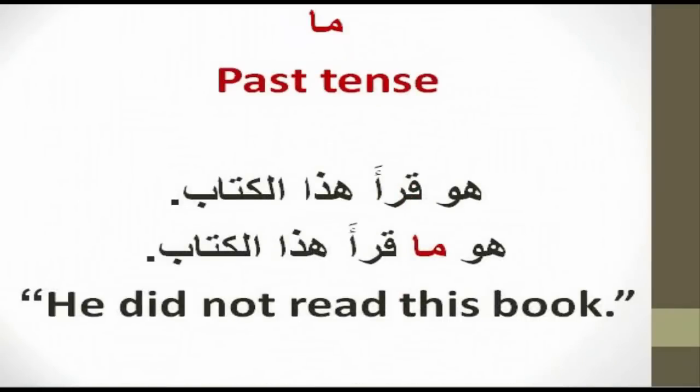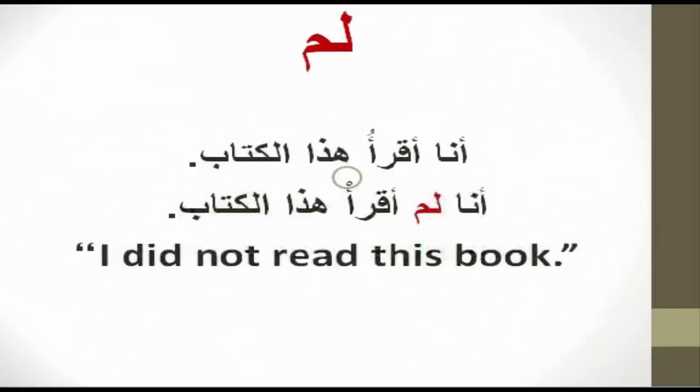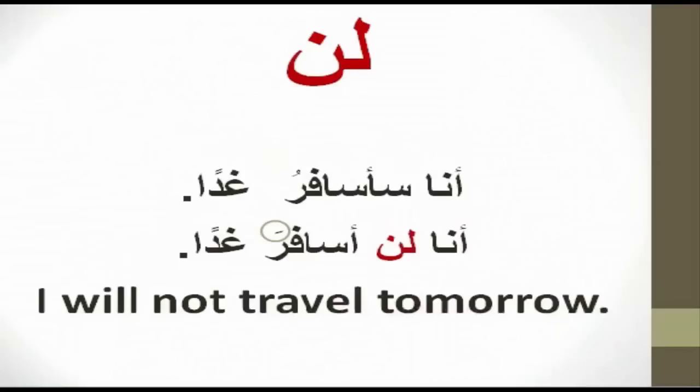Ma is used to negate past tense verbs, and it must be directly followed by the past tense verb. Lam is used to negate past tense verbs, but it should be followed by the present form of the verb, and remember that you have to put sukun on the last letter of the present verb.